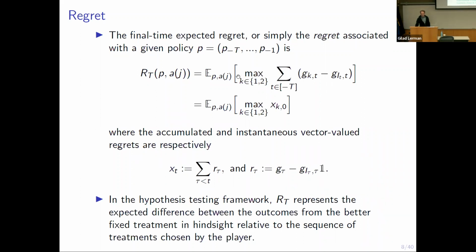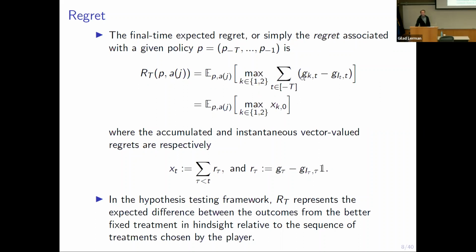You take the arm that has higher gains, so the better arm. So if you maximize over k, you end up comparing the player's performance against the best arm in hindsight. And then you take expectation with respect to the randomization of both the player and the arms. Okay. Any questions?